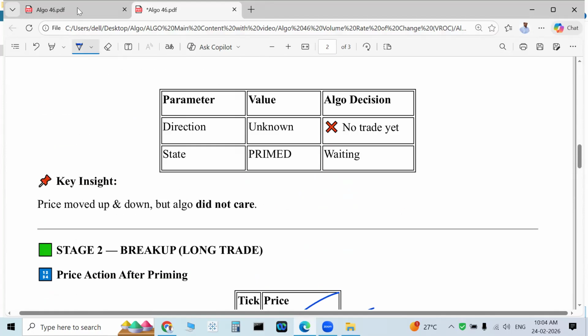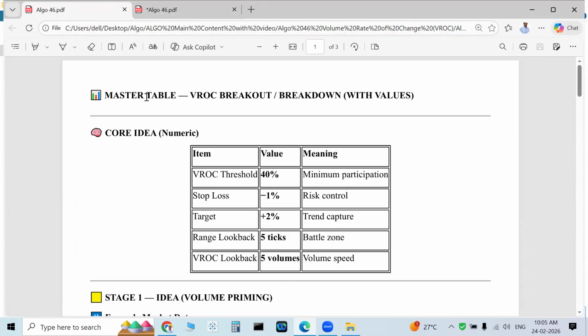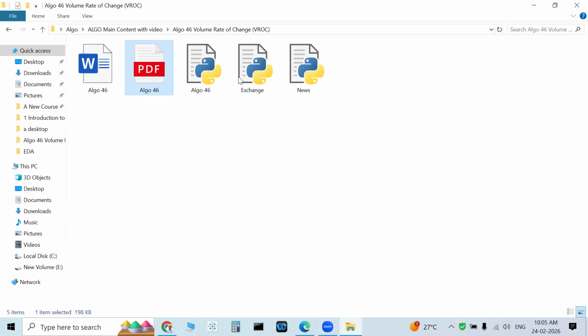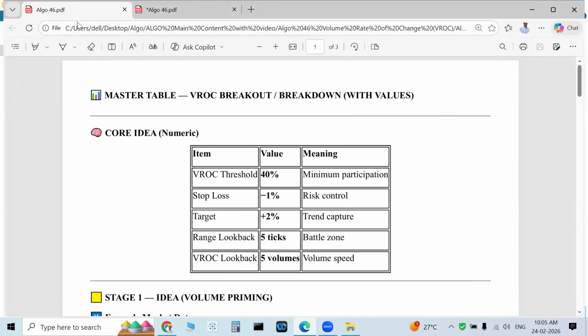Okay, now let me tell you this one more time. VROC is a kind of volume rate of change. It's like an acceleration happening in the volume. The trade logic is very simple. We are going to lock the VROC at 40%. If the volume change is more than 40%, then we are going to start the trade.